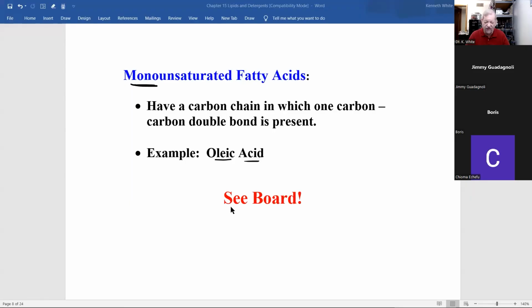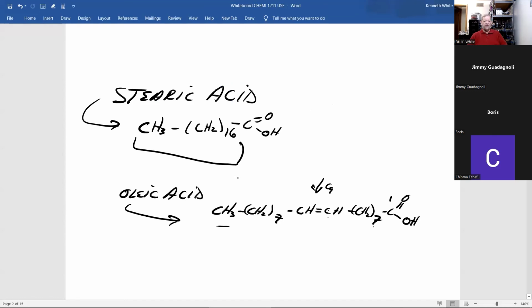And you should know, let's go back. On a test, if I ask, draw the structure of oleic acid, you should know this is the structure. And it's pretty simple. Carbonyl, 7 CH2s, double bond, 7 CH2s, methyl group, 18 carbons. Notice both stearic and oleic acid have 18 carbons.